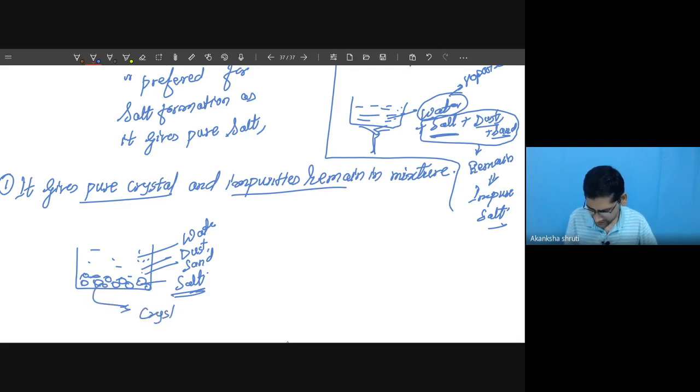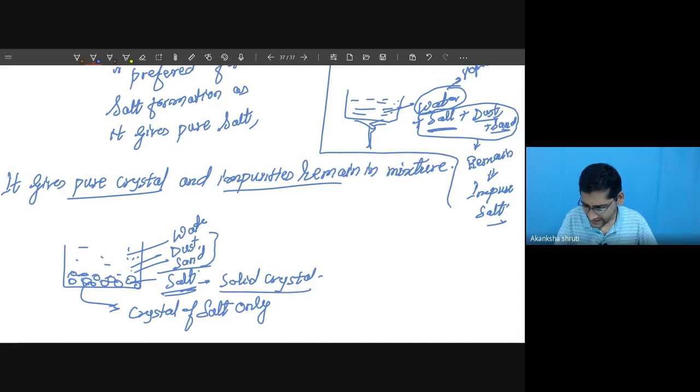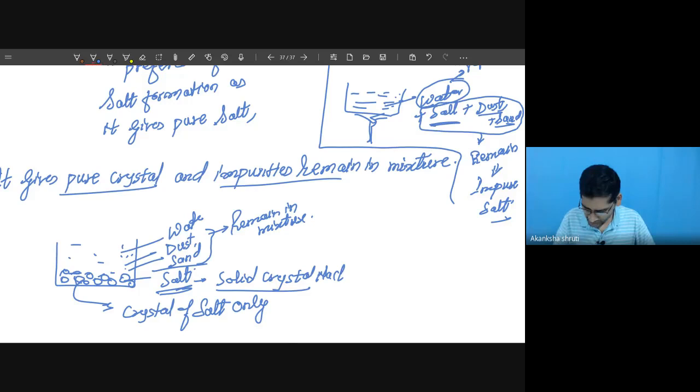So crystals of salt only; the other things remain dissolved. Solid crystals of NaCl are only formed, and the other impurities, sand and dust, remain in the liquid mixture.